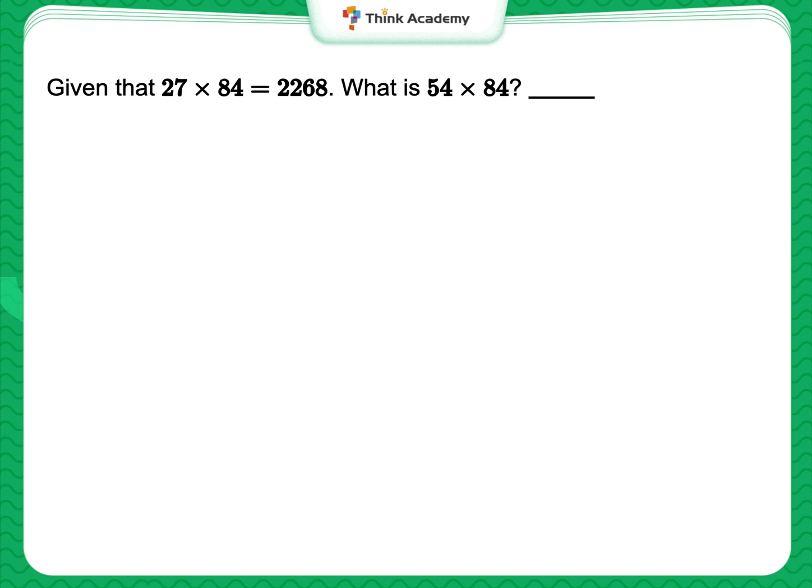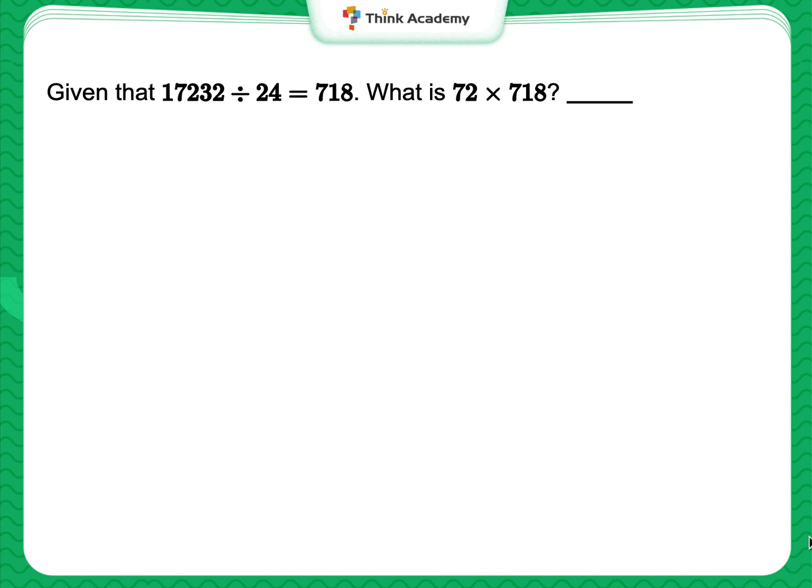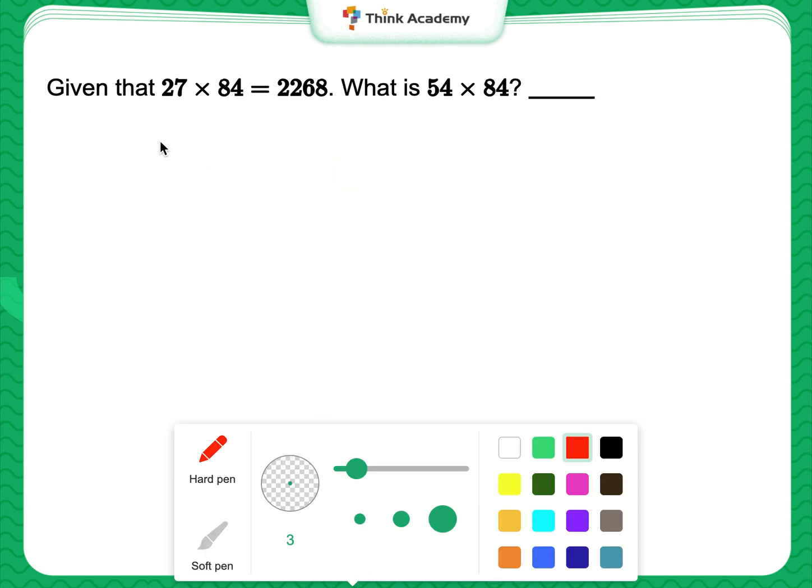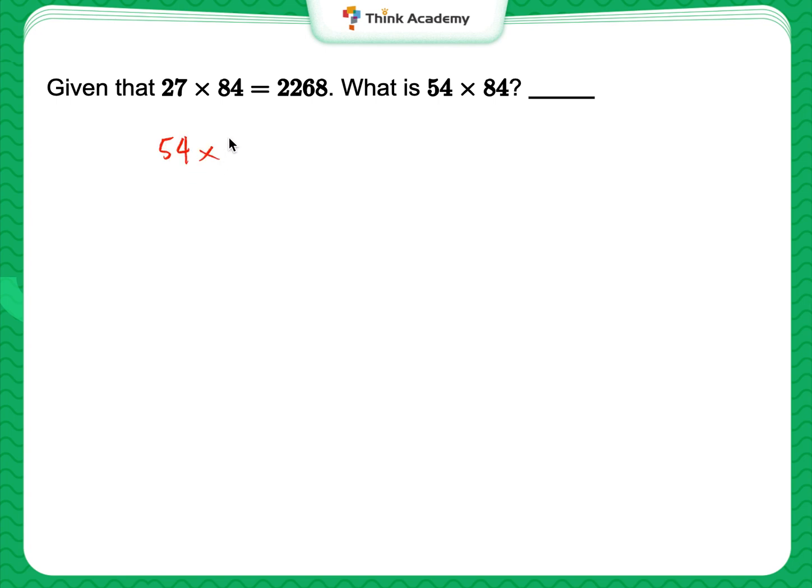And then for the next one, wow, the next one is even easier. So 27 times 84 is 2,268. And we want to find 54 times 84. Which means this is unchanged, and this is multiplied by 2.